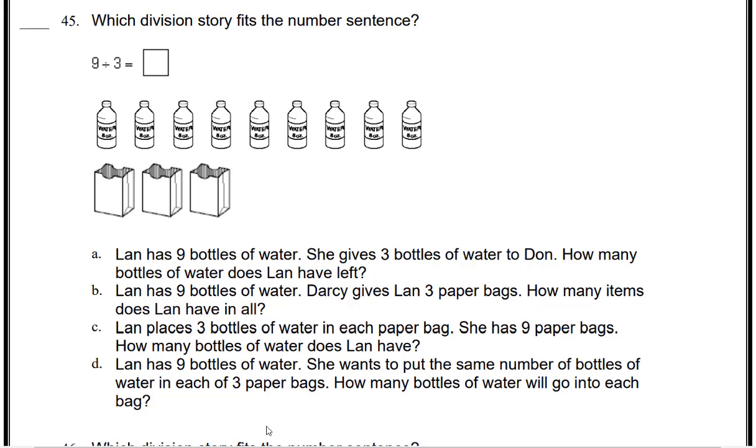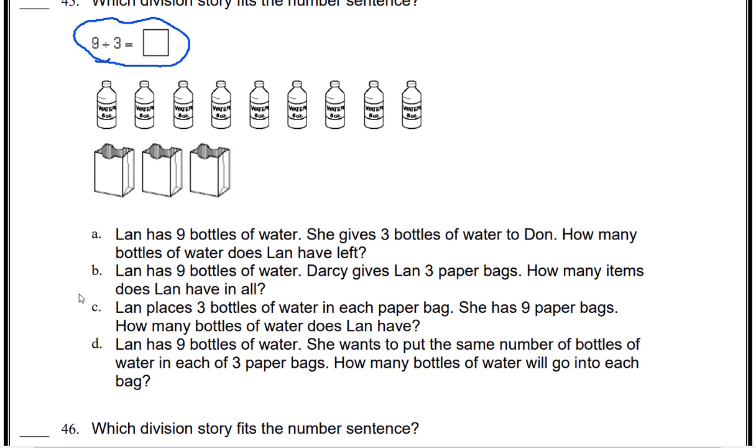Question 45. Which division story fits the number sentence 9 divided by 3? Okay, let's see the stories.